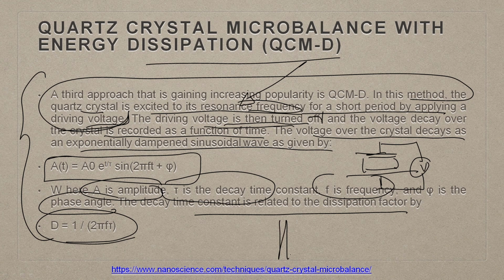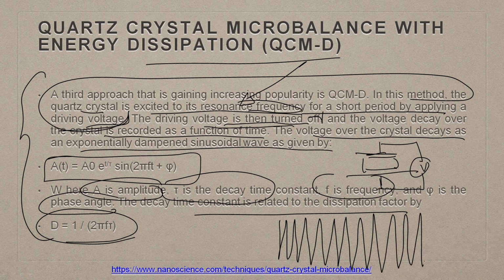It will continue to resonate for a while, and the voltage decay over the crystal is recorded as a function of time. So, you know after how much time it is going to decay and how it is going to decay. The voltage over the crystal decays as an exponentially dampened sinusoidal wave. Then I talked about all the expressions present there.